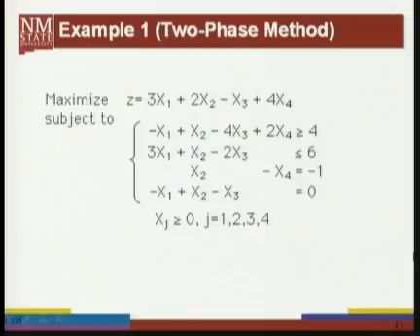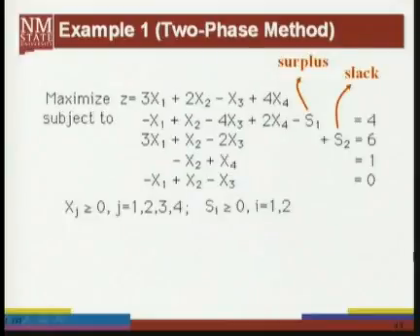So again, we can use negative g and s2 as the basic variables in the objective function row and the second constraint. And we do need artificial variables for all other constraints, right? So we can use negative g, a1, s2, a3, and a4 as the basic variables initially, right?